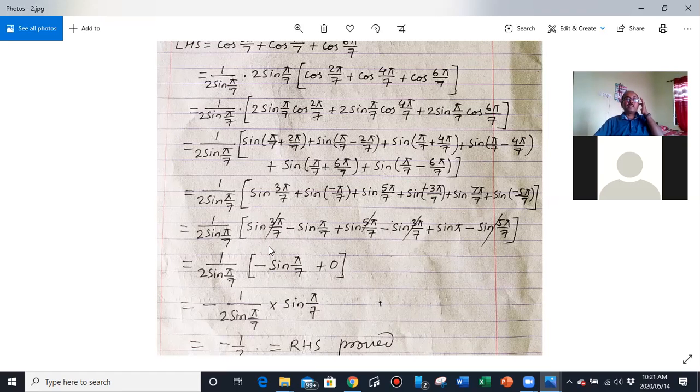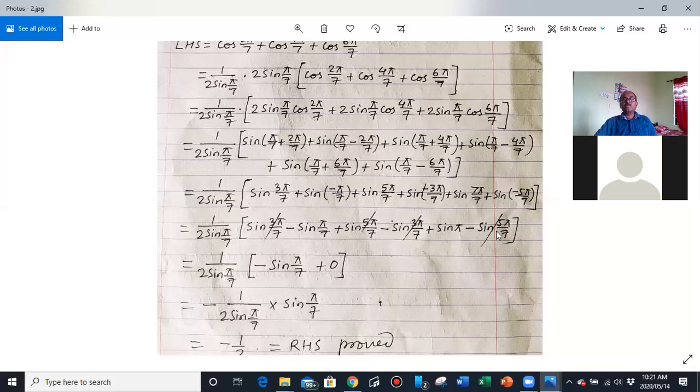Now again rewrite: sin 3 pi by 7, this sin minus theta is minus sin theta. This is not like cos. Minus sin pi by 7 plus sin 5 pi by 7 minus sin 3 pi by 7, plus this 7 pi by 7 will be sin pi, minus sin 5 pi by 7. Now see, 3 pi by 7 and minus 3 pi by 7 cancel.